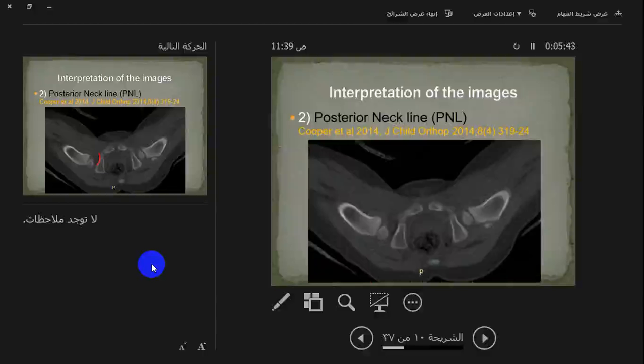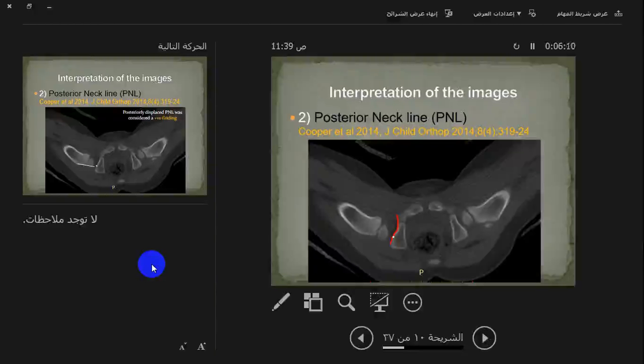We also looked at what's called the posterior neckline, which was described by Cooper et al. in 2014, and this involved drawing of the outline of the acetabulum and drawing of the outline of the cortical margin posterior to the acetabulum, and this point between these 2 lines was considered a reference point.